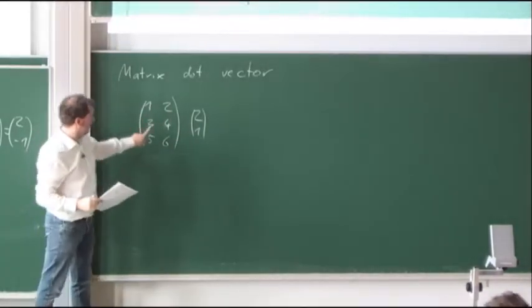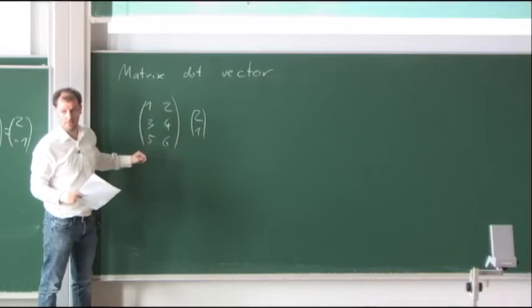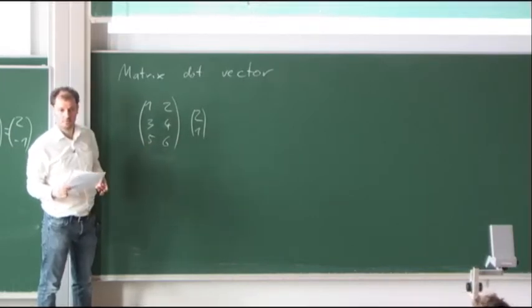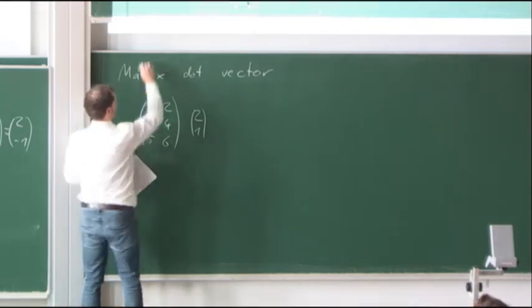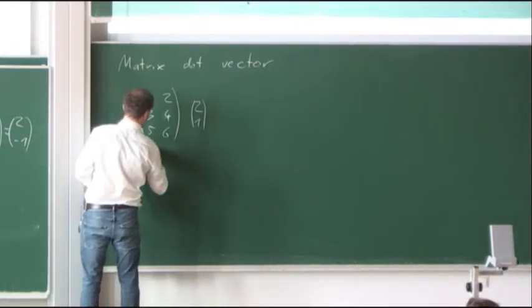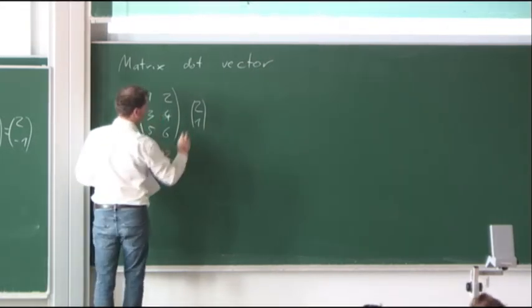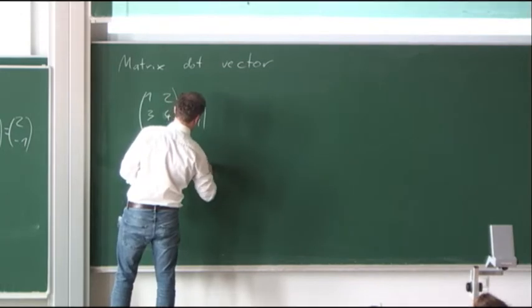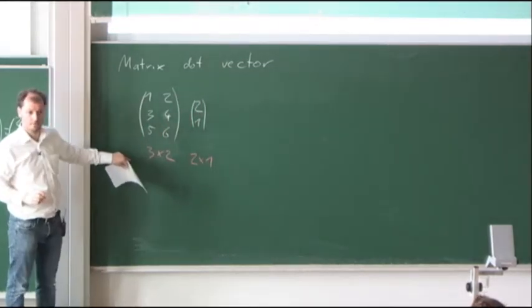Can anybody say what's the first thing that I need to check to make sure that this dot product is even defined? Yeah, I need to check the dimensions or the shapes of both. So the shape of this is 3 by 2, and the shape of this is 2 by 1. So is this defined? Can I dot them?